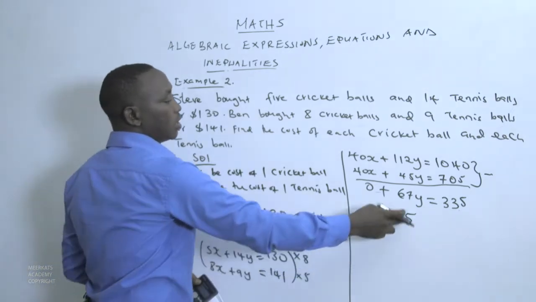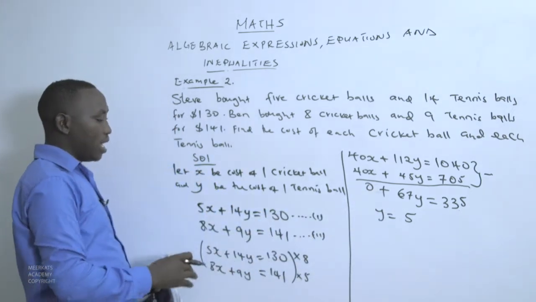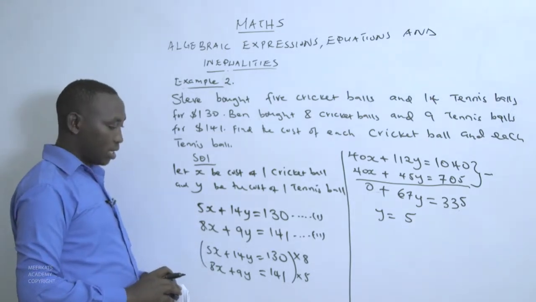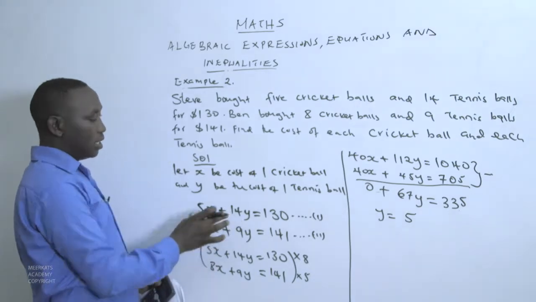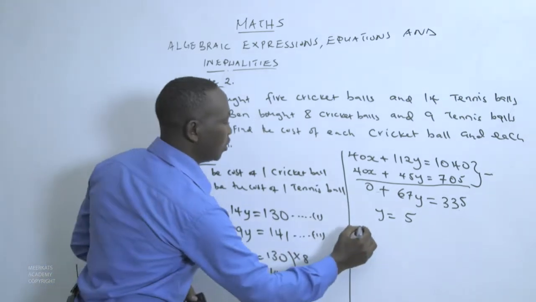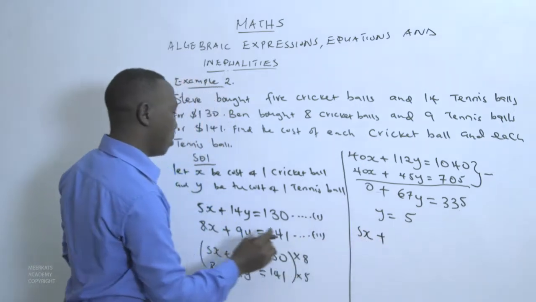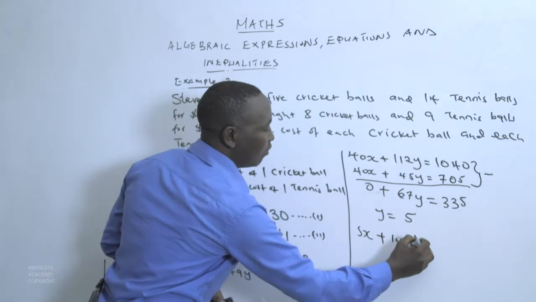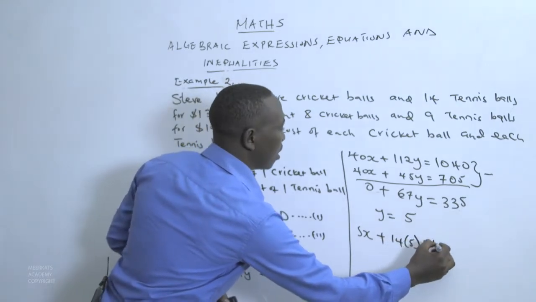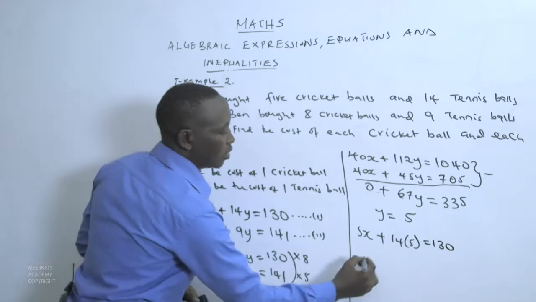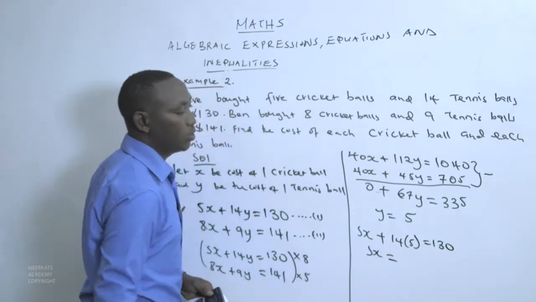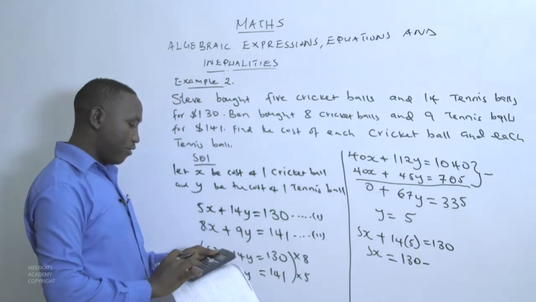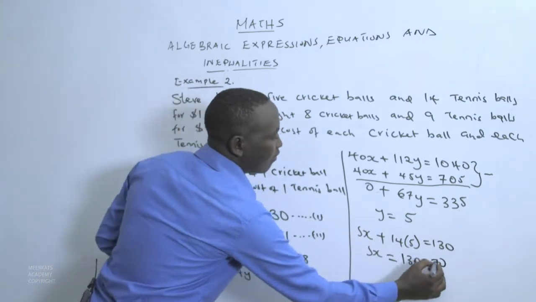We need to substitute this value of y in either equation 1 or 2 to get the value of x. Let us replace it in the first equation. So this will be 5x plus 14y, but y is 5, so we take 14 and multiply it by 5, which should give us 130. So 5x is equal to 130 subtract 14 multiplied by 5, which is 70.